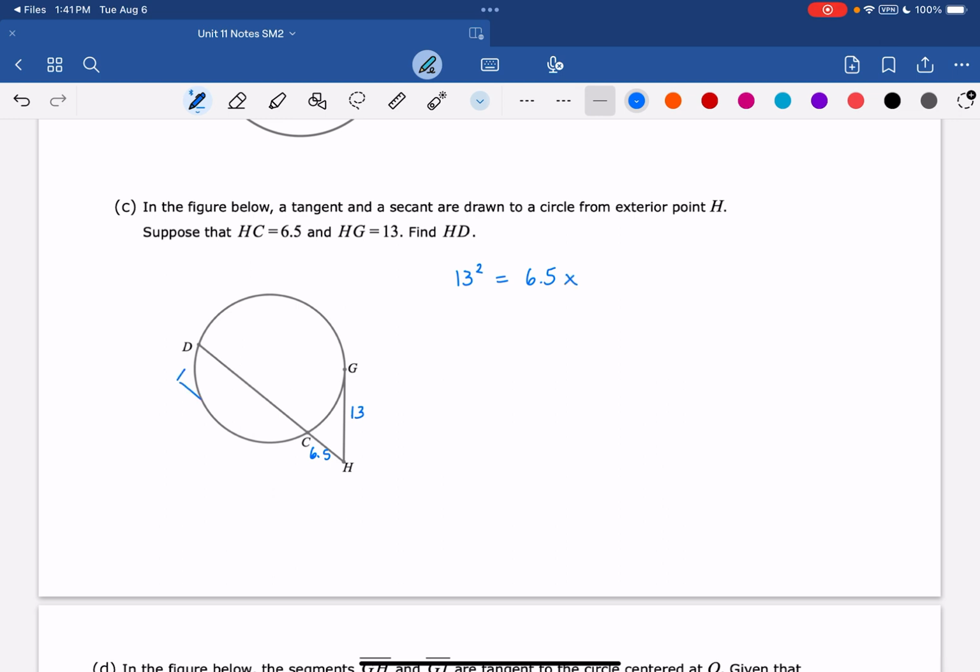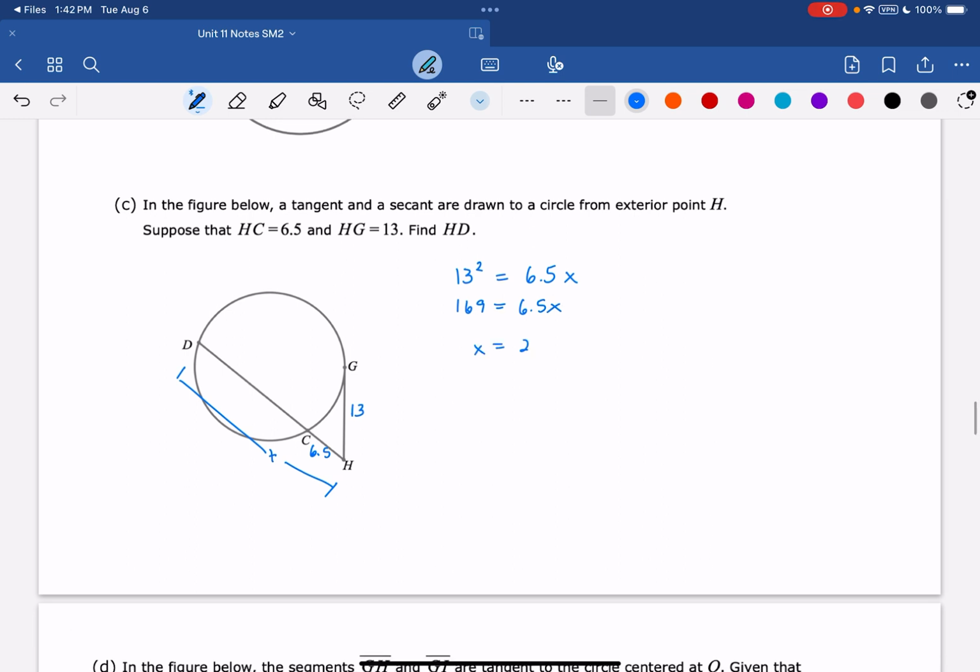So we're calling the whole length here X. And we are looking for the whole length, so that's awesome. So 13 squared is 169. 6.5x divided by 6.5, and x is 26, so HD is 26.